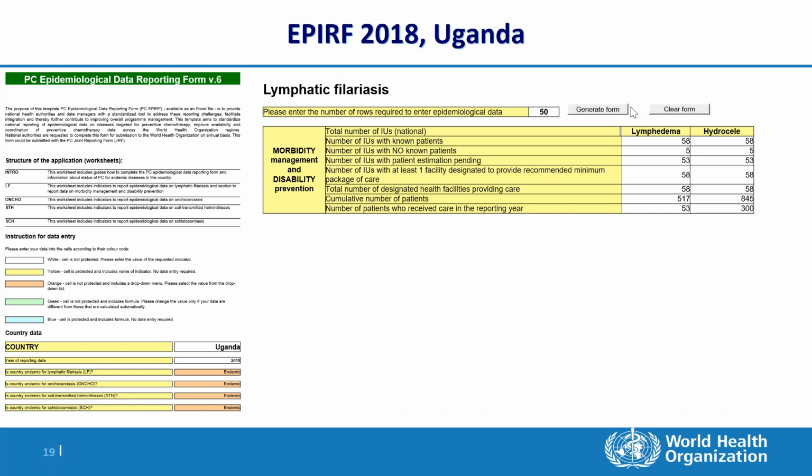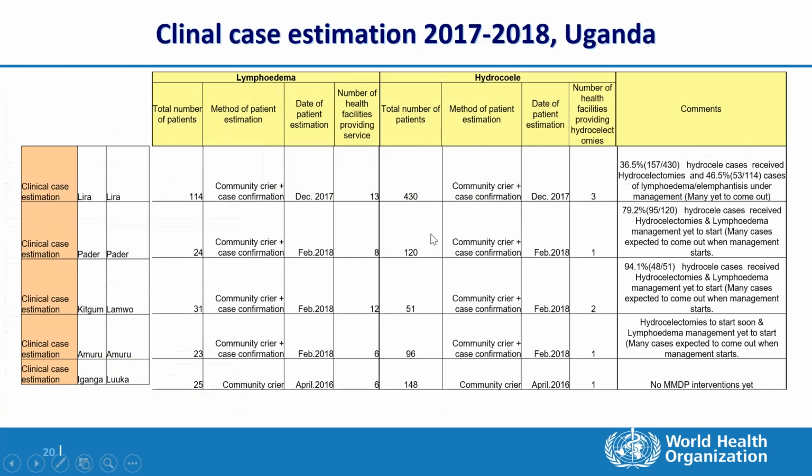Only the last row, the number of patients who receive care in the reporting year, is the new data that will be reported. Next. Yes. So that's the form that has been filled.